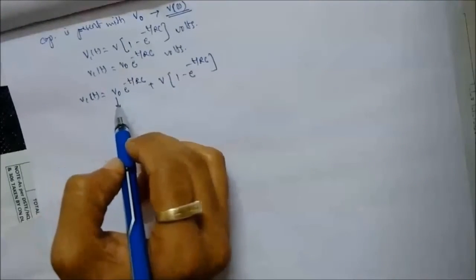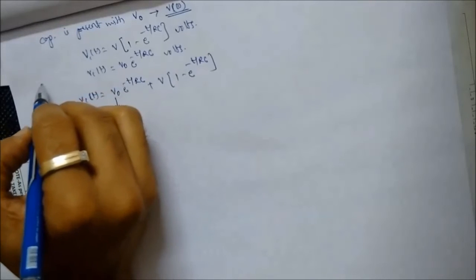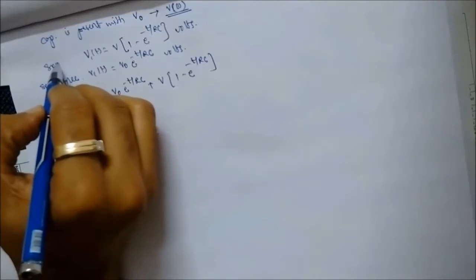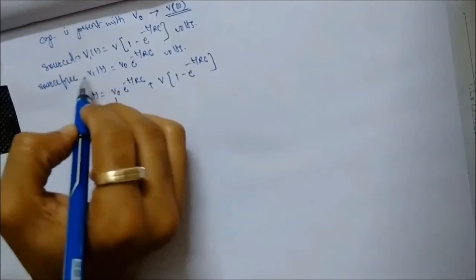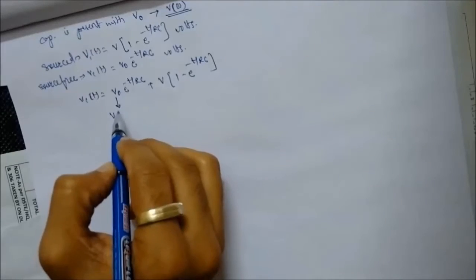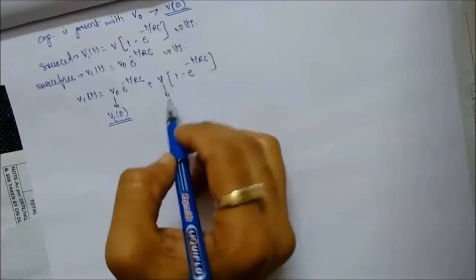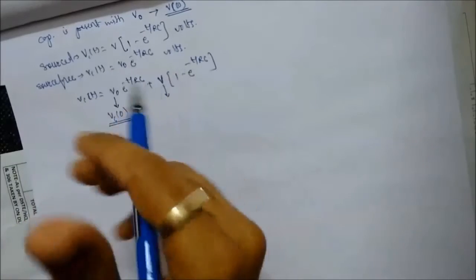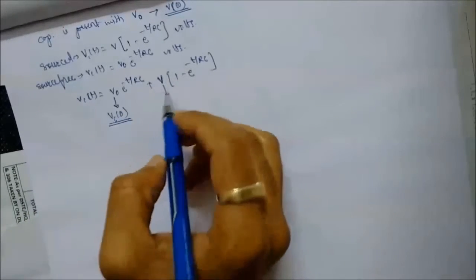Now in this case, this is the response of the source free circuit and this is the source circuit response. In the source free circuit, V0 is VC at 0, that means the initial condition, and in the source circuit, what is V? That is the final value attained by the capacitor voltage in the circuit, so that is given as VC of infinity.